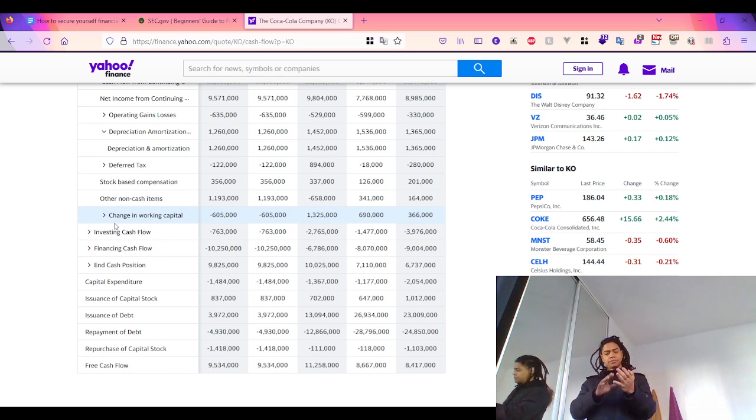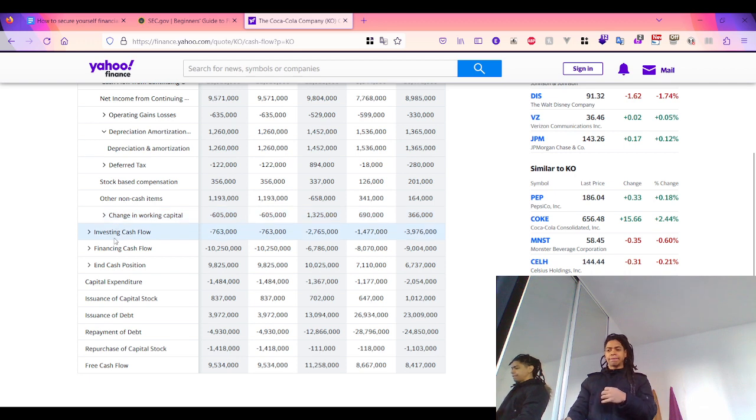Goodwill is also an example of long-term assets.